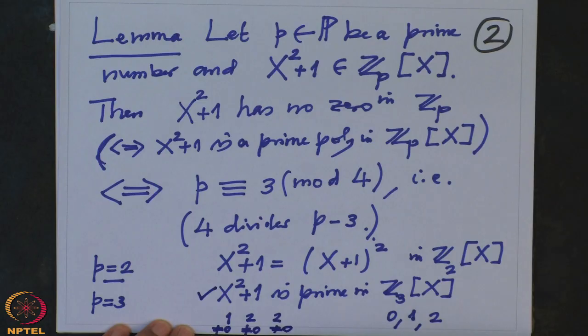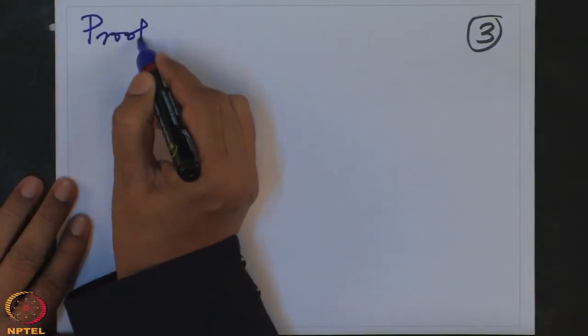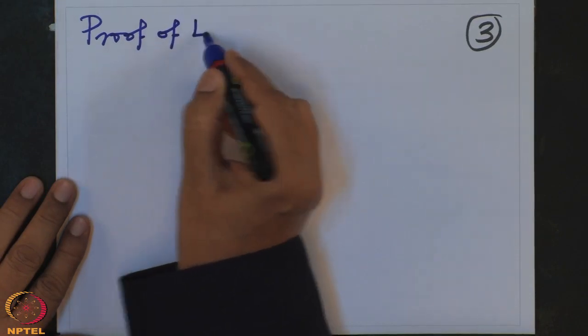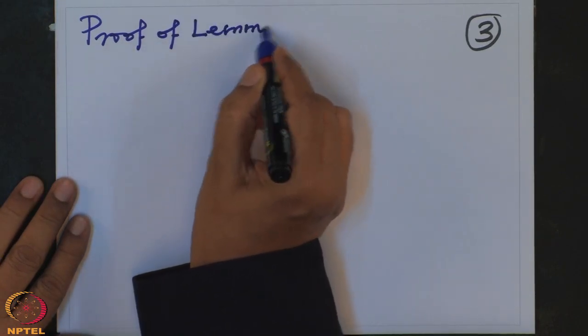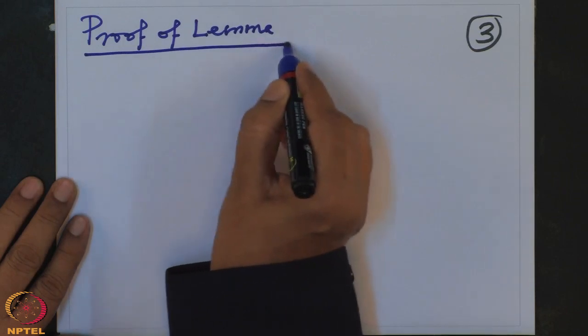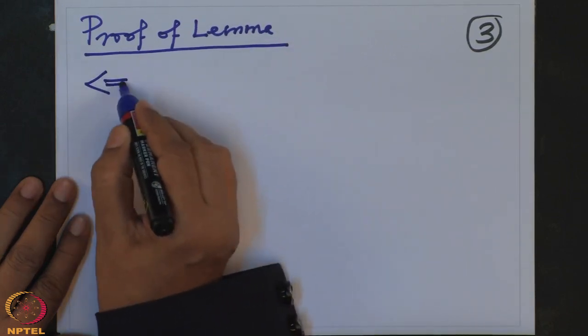Alright, so we prove this. Proof of lemma. The lemma has two parts. We will first prove this way.